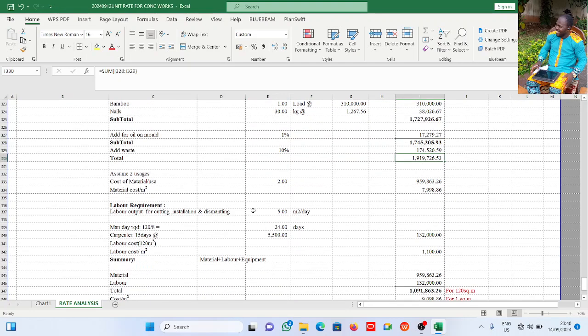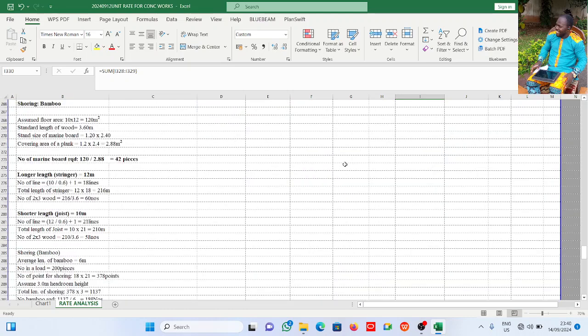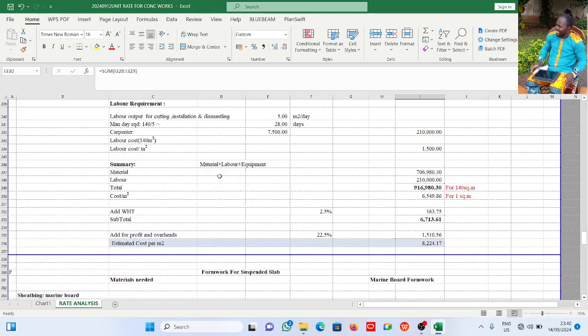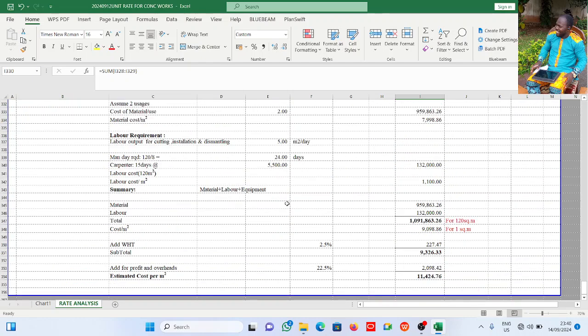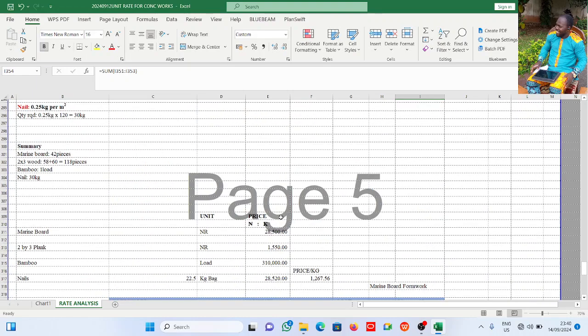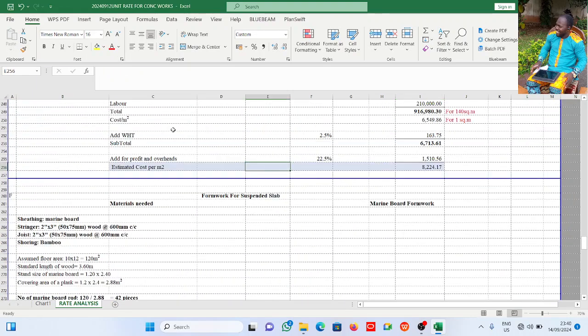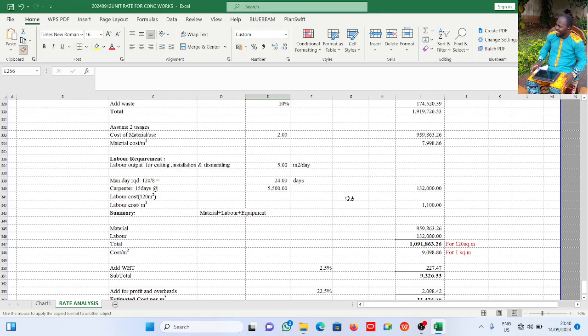Now of course I'm just being fast here because I already did everything in the first. I already showed the process step by step, and they are basically the same thing. So at the end of the day, for marine board, you have 11,424. Let me do this here so that you can see it very clearly.